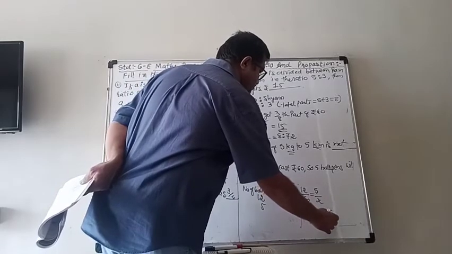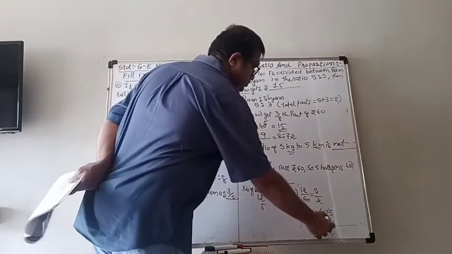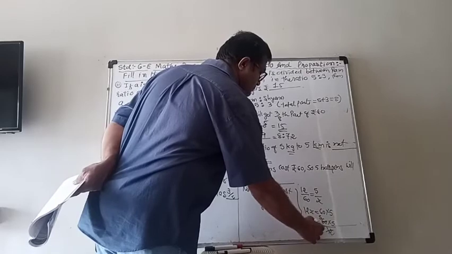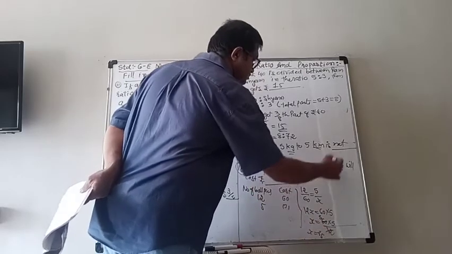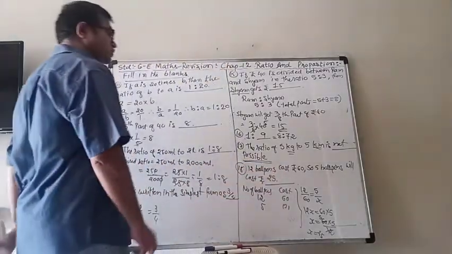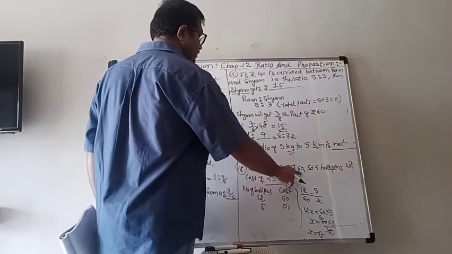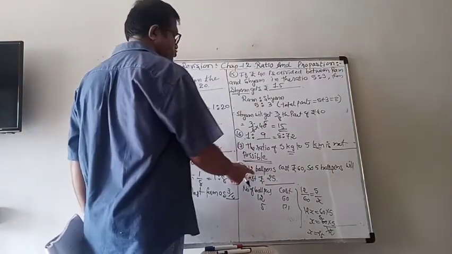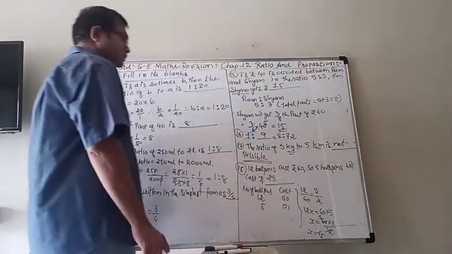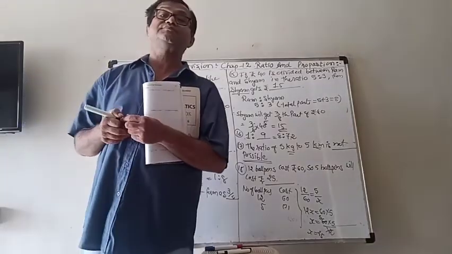So x is equal to 60 multiplied by 5 divided by 12. 12 5s are 60. So the answer is 5 5s are 25. So the answer is rupees 25. Or you can do it by the unitary method also. First find the value of one ball pen by dividing 60 by 12. So rupees 5, and then 5 times 5, 25. You can do it using the unitary method also here.